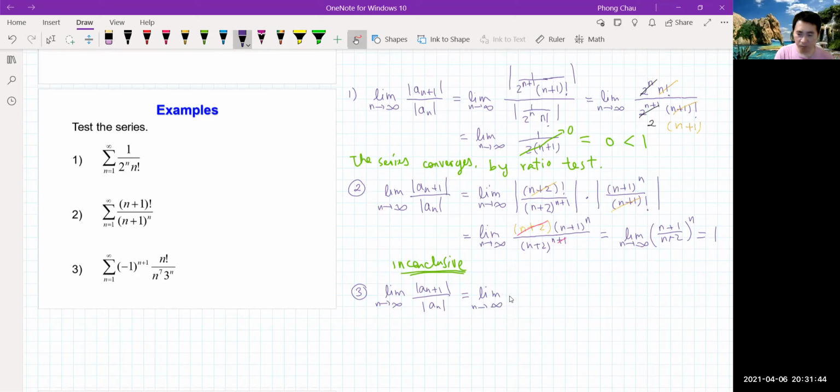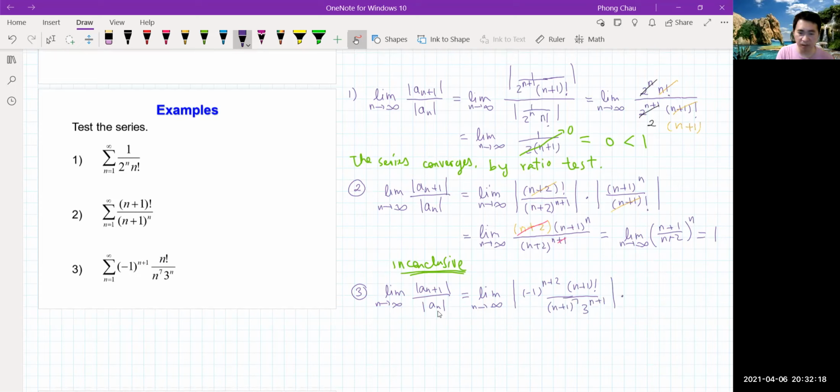Okay, so we have the absolute value of, again, what's a sub n plus 1? You replace all the n with n plus 1, which gives us (n+2) times (n+1)! over (n+1)^7 times 3^(n+1), in absolute values.